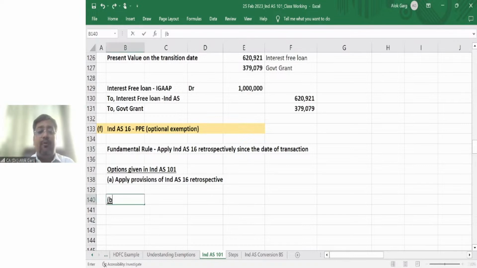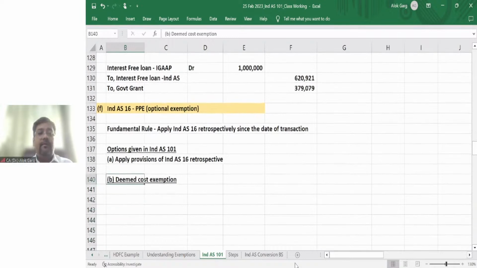B. If you don't want to apply retrospectively, just take the deemed cost exemption. What is the deemed cost exemption? The deemed cost exemption means, if you cannot apply it retrospectively, compute the fair value on the transition date, like Reliance did.